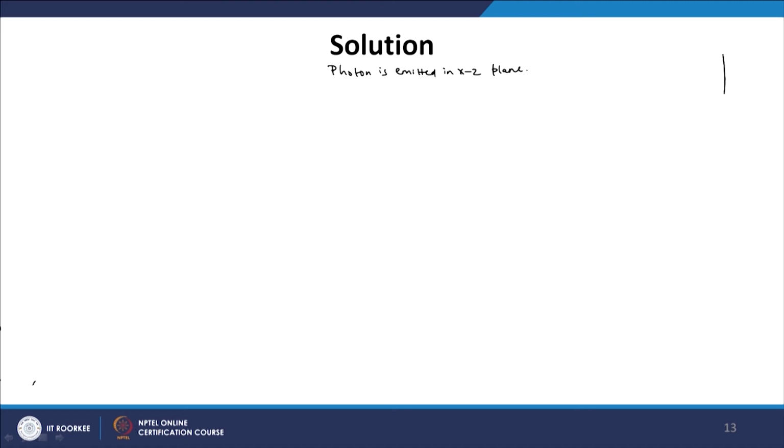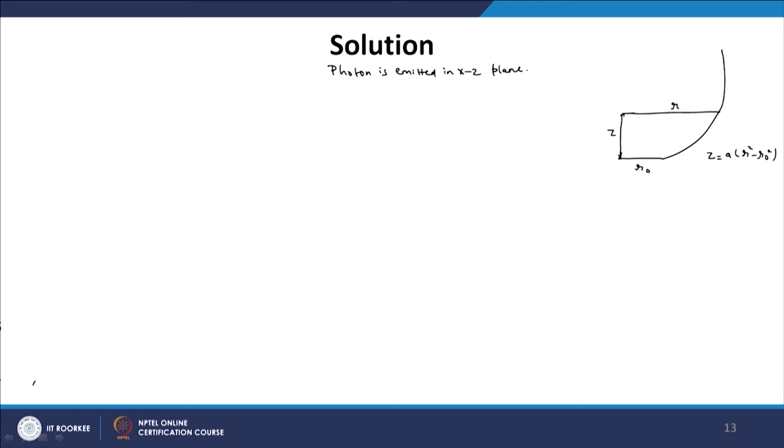So, this is the geometry of the diffuser. At any location the radius is r and at the bottom the radius is r naught. They are separated by a distance z, and z is given as a r square minus r naught square.